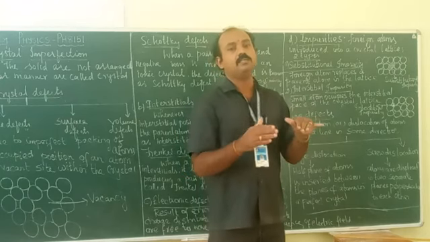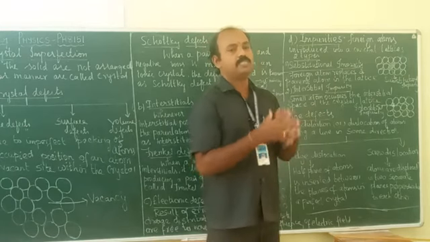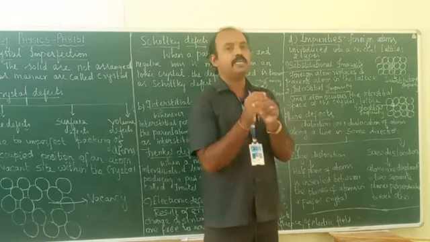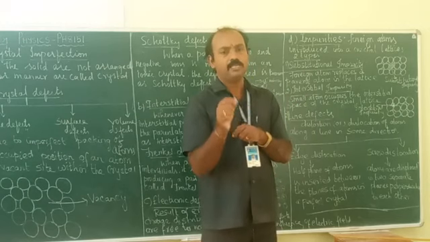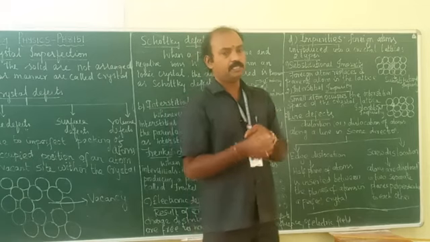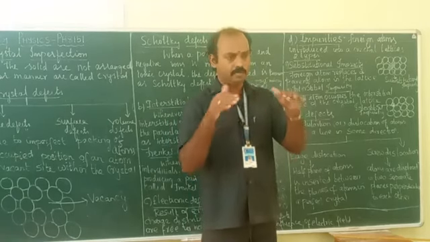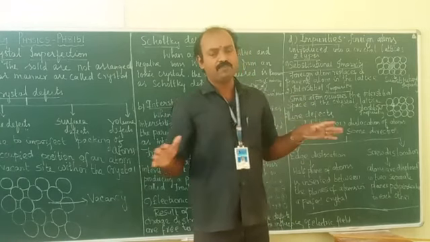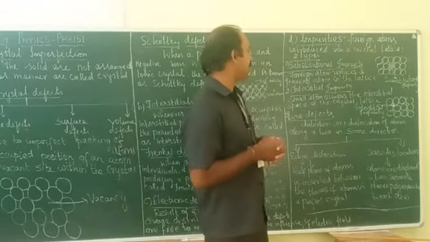If anything other than sodium and chlorine comes and occupies the interstitial position or occupies the place of already existing sodium or chlorine, then automatically one defect may arise. That defect we call by the name of impurities. This is because an extra atom or foreign atom enters into the pure crystal, so that the imperfection takes place, that is impurities. A foreign atom is introduced into the crystal lattice.